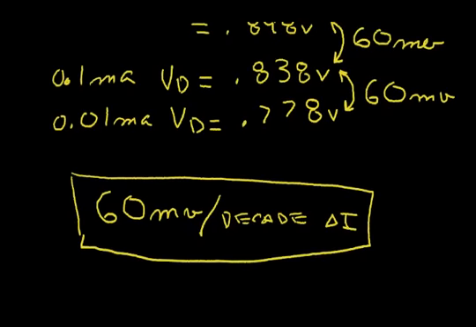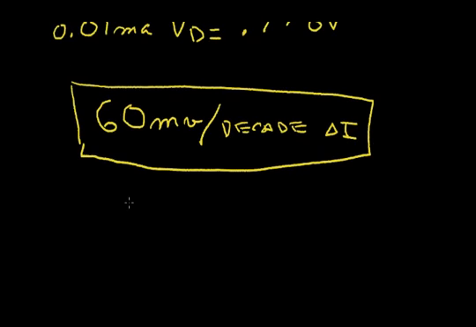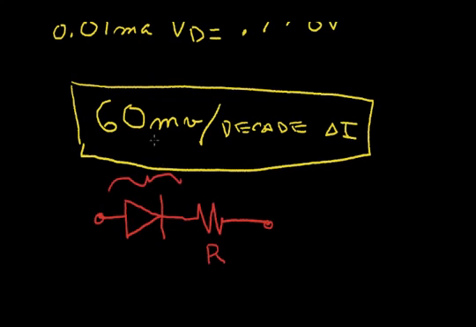One thing I should point out, the 60 millivolts per decade is the change in drop across the diode. Now diodes will always have a series resistance. It's part of the diode structure, and this is a parasitic resistance that you really can't get rid of. But this 60 millivolts per decade is for the diode part only. It does not include the drop in the parasitic resistance.